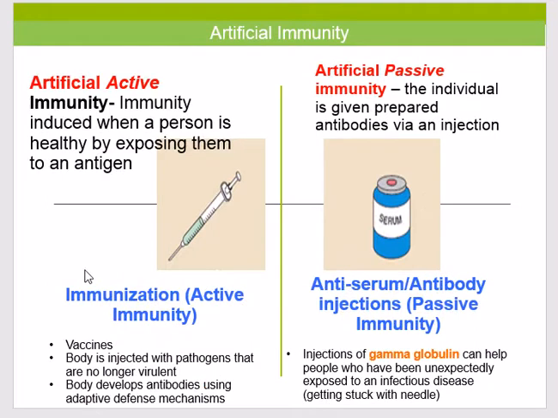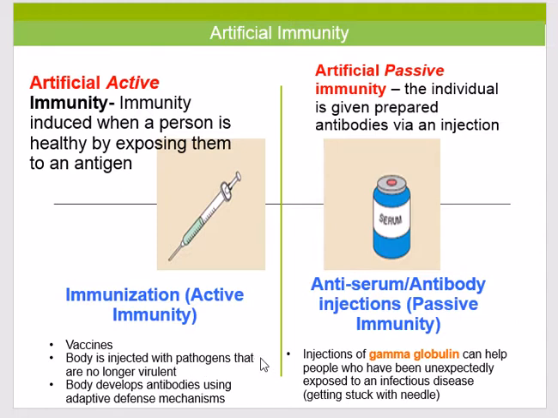Looking on to artificial immunity, we can either have artificial active immunity or artificial passive immunity. So in the case of artificial active immunity, a good example is immunization or vaccines. What we're doing with vaccines is we're injecting the body with pathogens that are no longer virulent, meaning that they're not able to cause the disease because it's been treated in such a fashion that it can't.